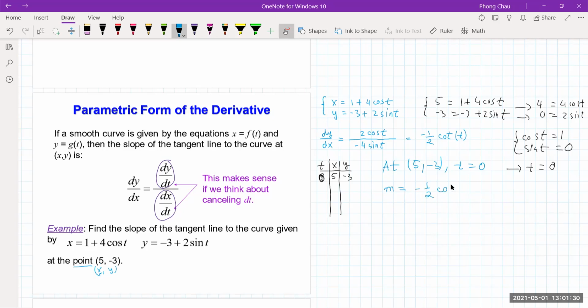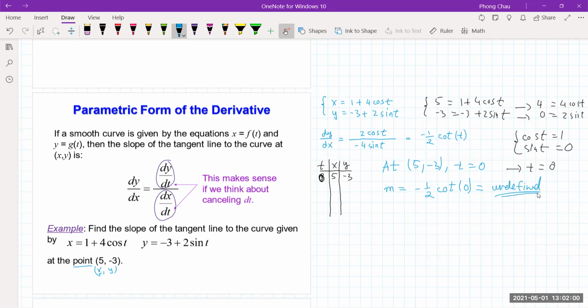cotangent of 0. You might not see it well, but if you recall, cotangent is cosine over sine, so if you plug 0 in, you have sine of 0 at the bottom. So that is 1 over 0, and 1 over 0 is undefined. So what do we know?